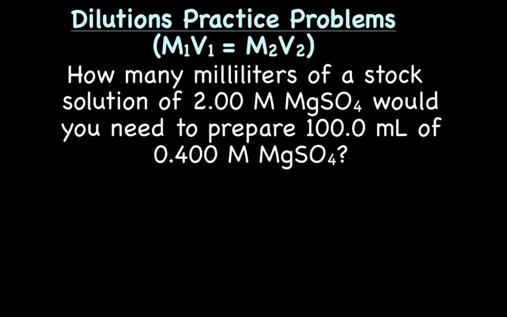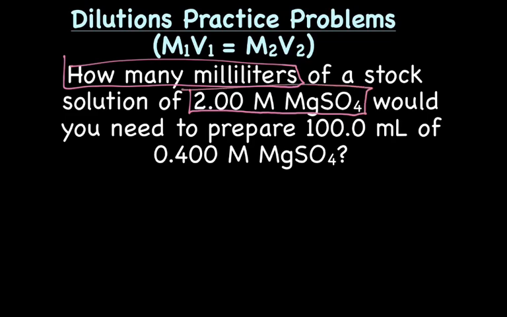We want to know X, our how many milliliters, of a stock solution that is 2.00 molar. Those go together. And what we want to be making is 100 milliliters of 0.4 molar MgSO4.